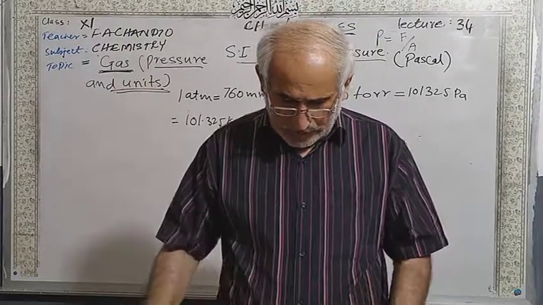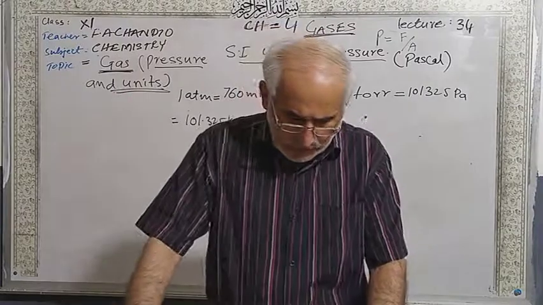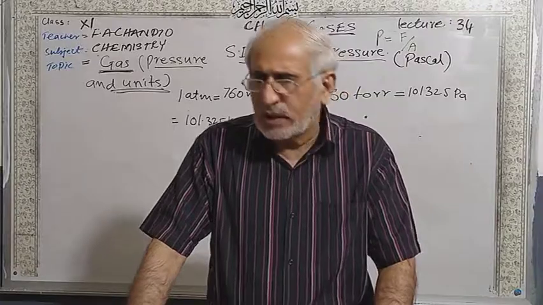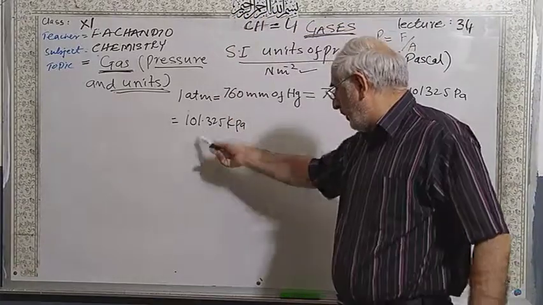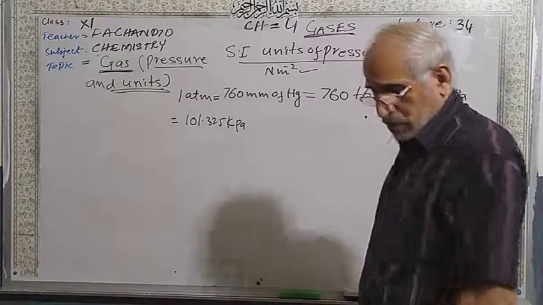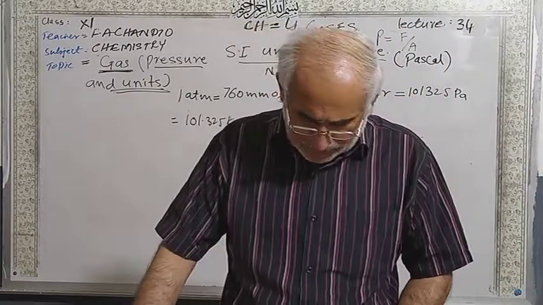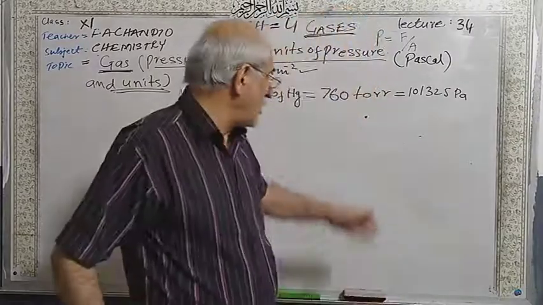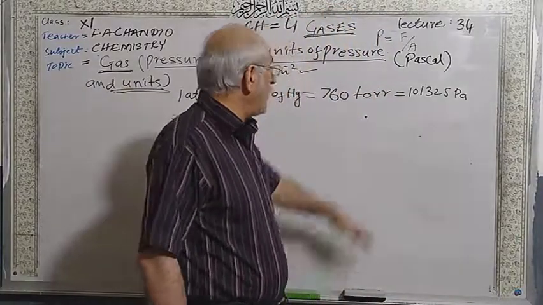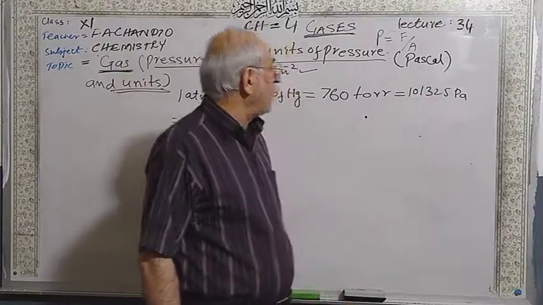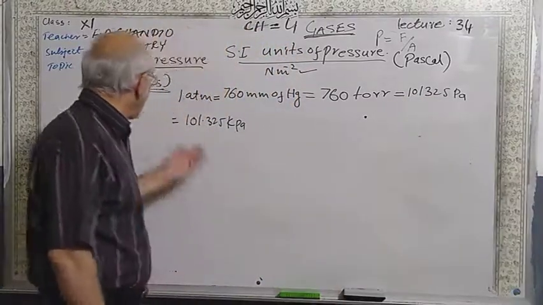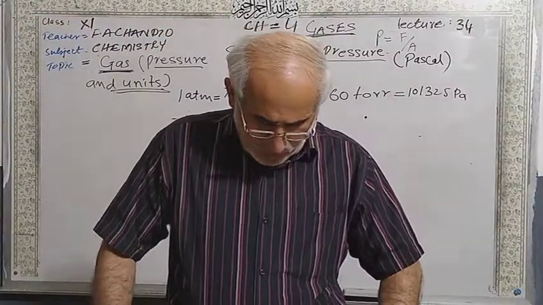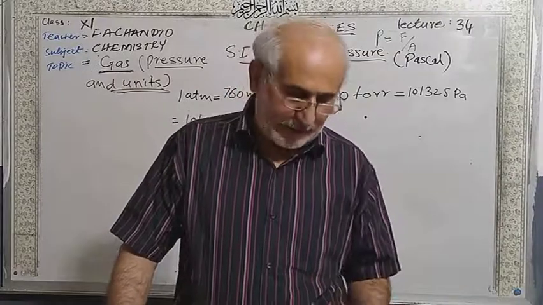Okay. Now these are the interconversions. To convert pascals into kilopascals, I told you 1 atmosphere is 101.325 kilopascal, which is 101,325 pascal. So if there are 10 pascals, you divide by 1000 to get kilopascals, then multiply by 10.